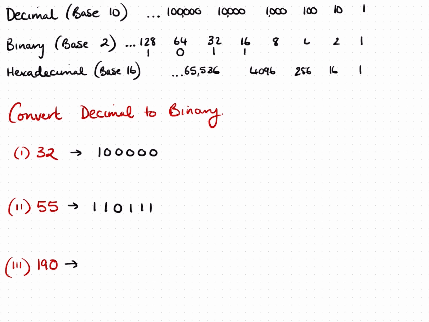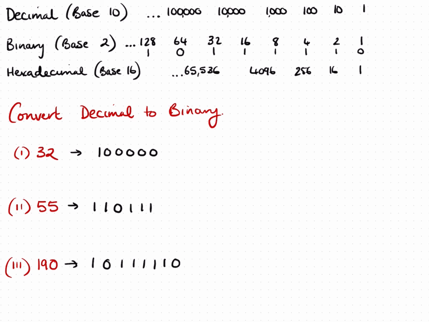If we take it away from 30, we're left with 14. So we'll take the 8, which will leave us needing 6. We'll take the 4 and we'll take the 2. That leaves us at our total of 190, so we can leave out the 1. Writing down our final answer, that gives us 10111110.